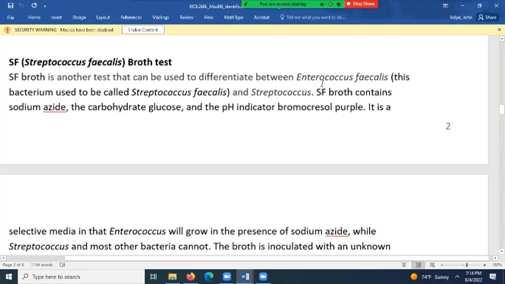And so the new name is Enterococcus faecalis, but this test is still called Streptococcus faecalis. Sorry to confuse you there, but it's not terribly important.